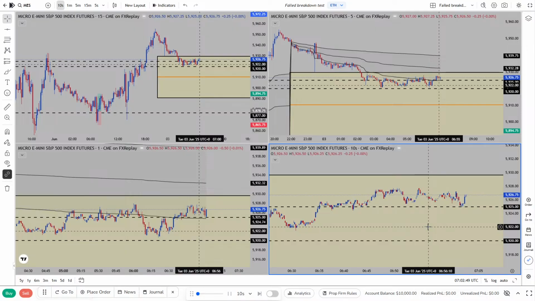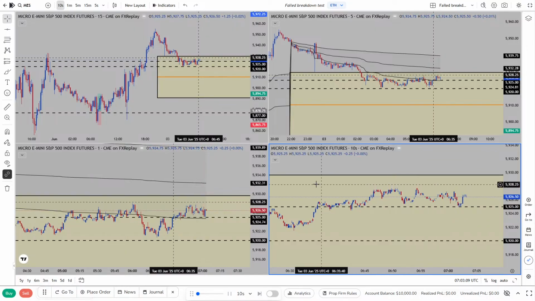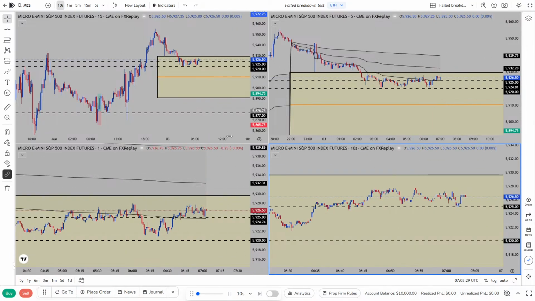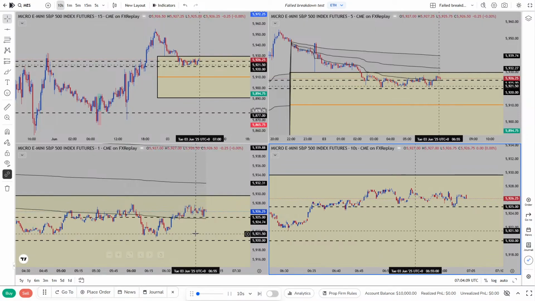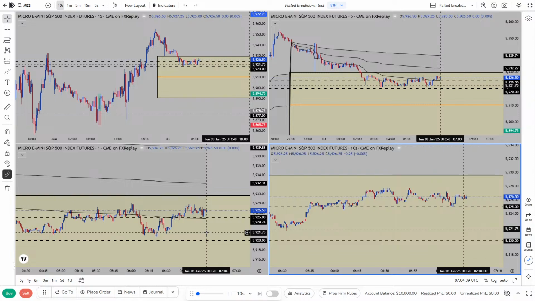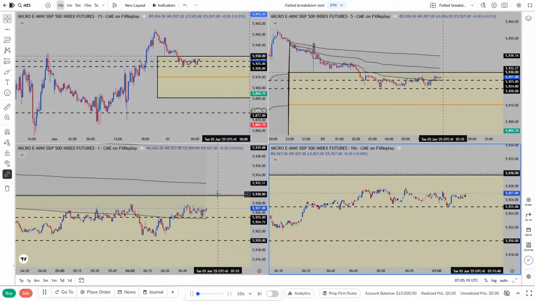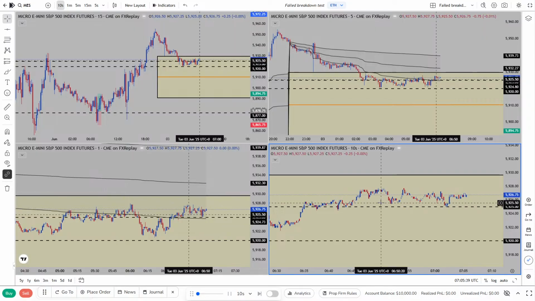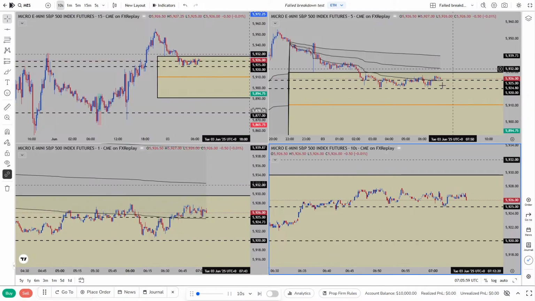Possibly now it's the failed breakdown. Let's see. Volatility expands a little bit. Don't see anything here. I'm just gonna be waiting a little bit just in case we break out later.